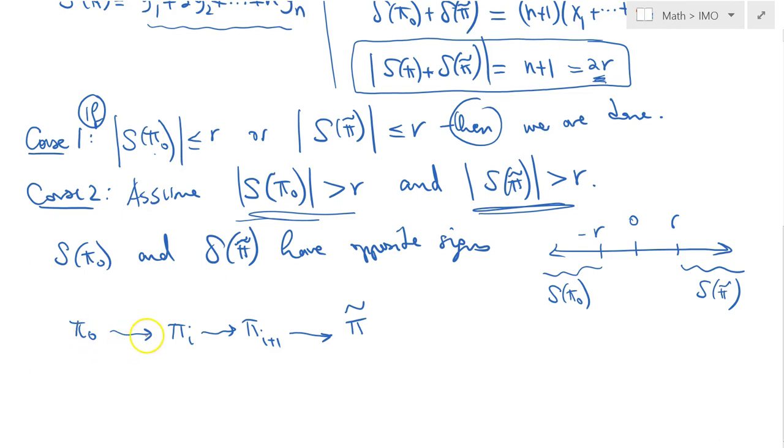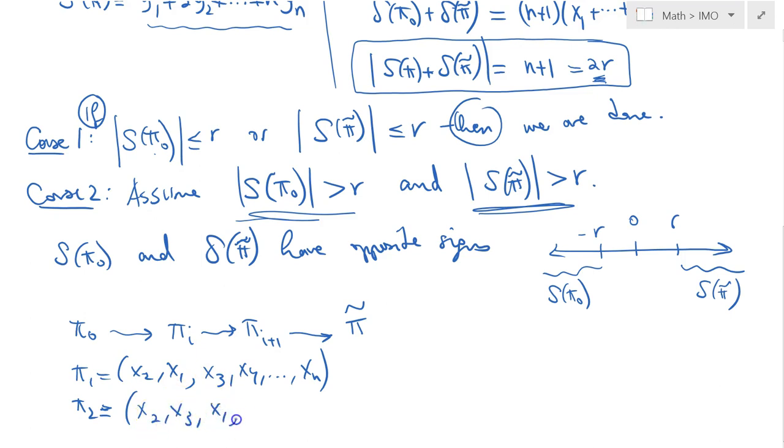For instance, when you move from pi 0 to pi 1, you can write pi 1 as x2, x1, x3, x4, and so on, xn. I just interchanged the first two components. In a similar way, you can define any way you want. How about exchanging x1 and x3, so x2, x3, x1, x4.